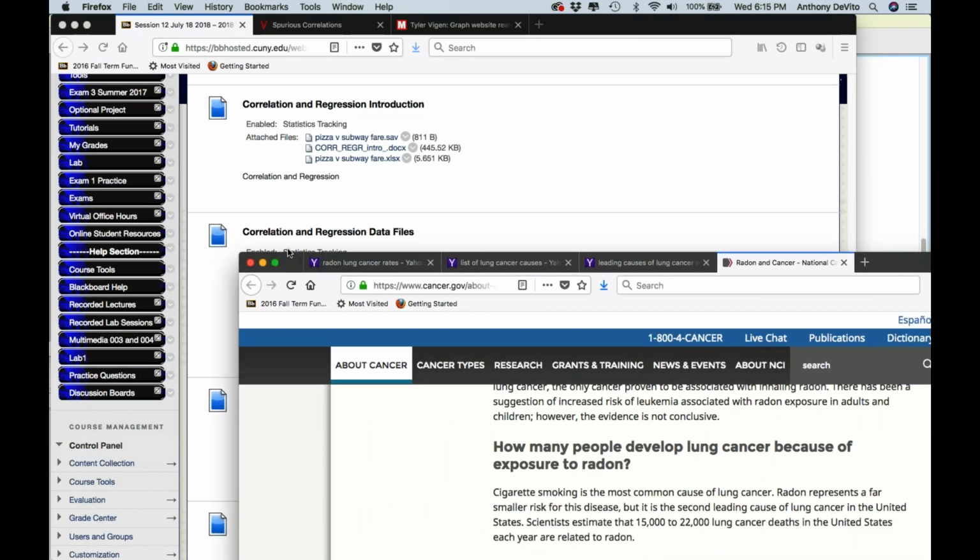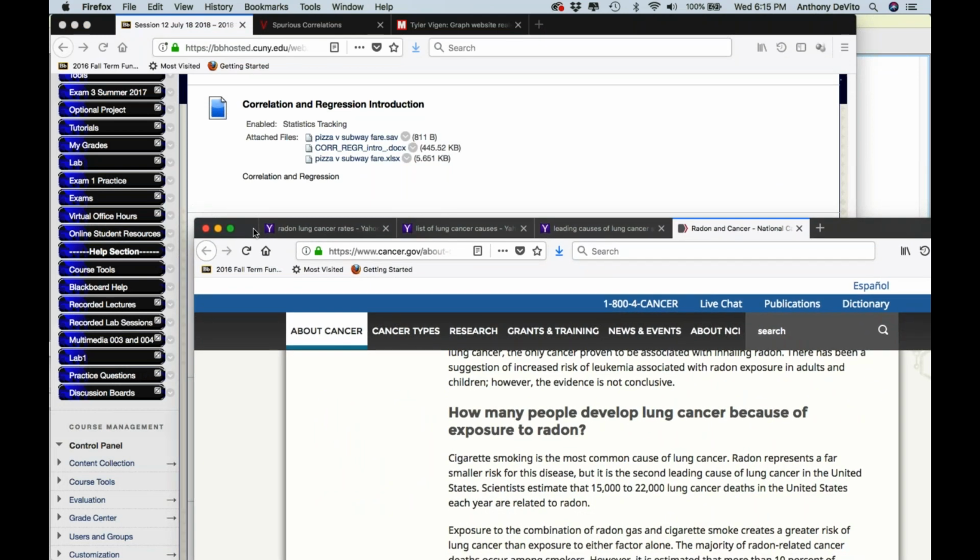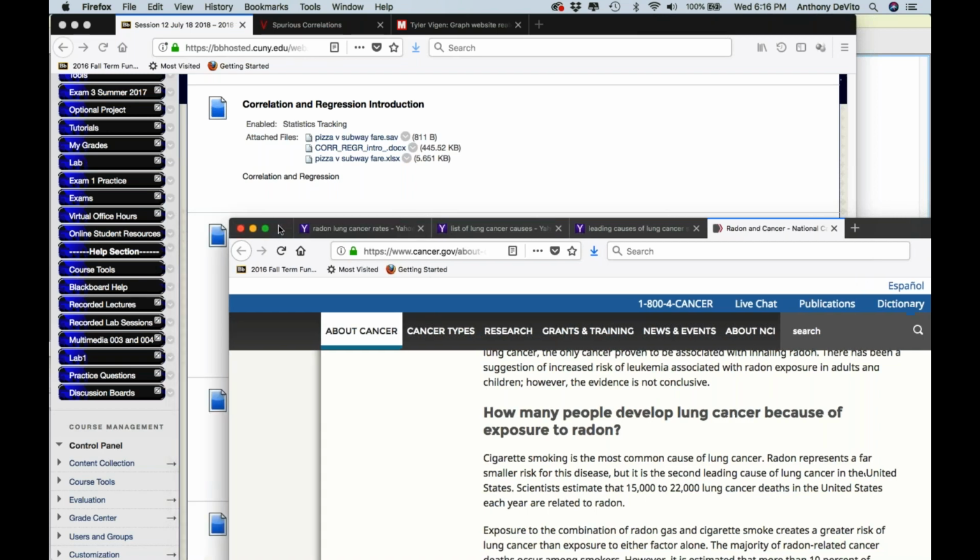So in that case, we can say that smoking and lung cancer, the percentage of smokers and the rate of lung cancer in each state, is an association that's causative. Smoking is the leading cause of lung cancer, and we would expect that the increased rate of smokers is actually causing that.